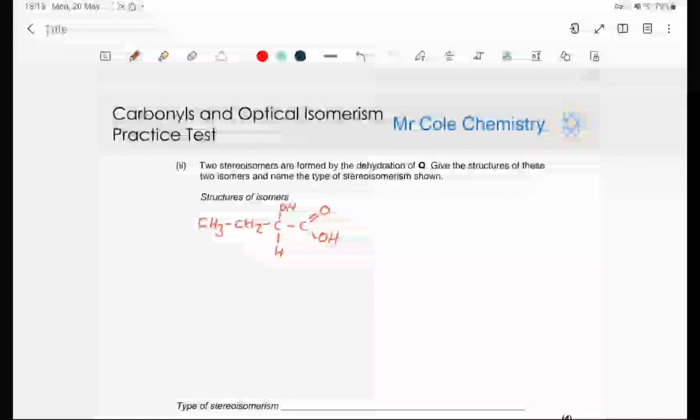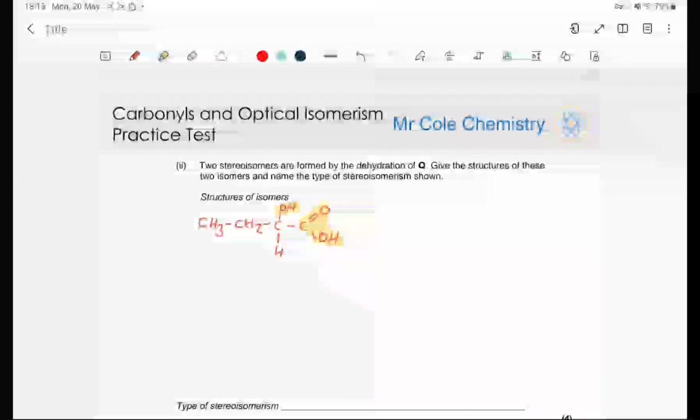Okay, so in the question, it says that we are dehydrating Q. So we've got 2 functional groups. We are not interested in the carboxylic acid. This cannot be dehydrated. The alcohol group, however, can be dehydrated.